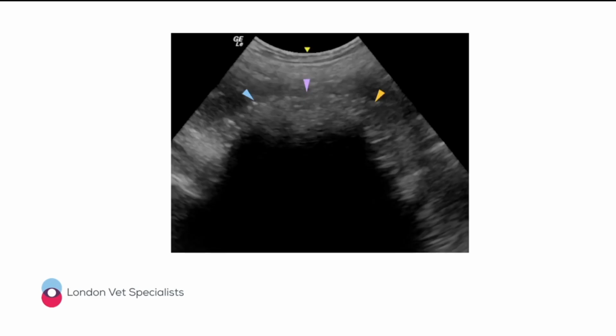So this ultrasound image was taken from another dachshund, a 13-year-old male neutered dachshund that presented to us vomiting. And hopefully you guys can see that we have a hyperechoic curvilinear interface here and beautiful, strong, uniform shadowing associated with this structure.